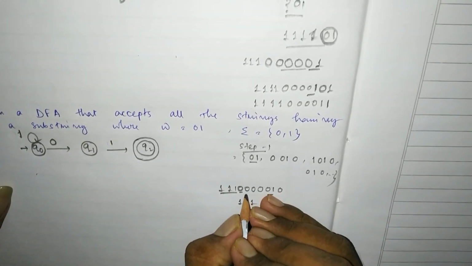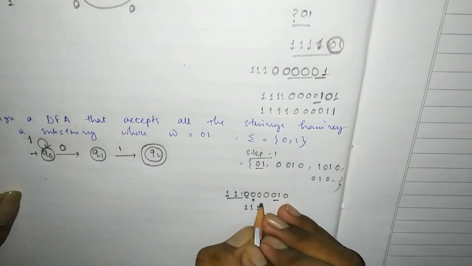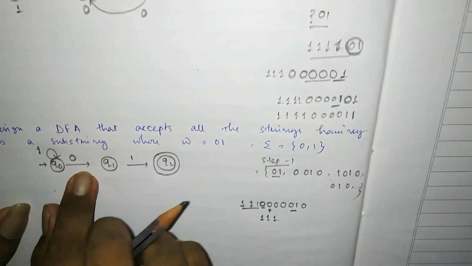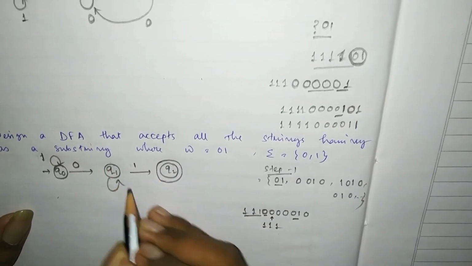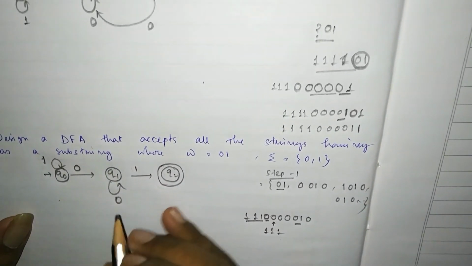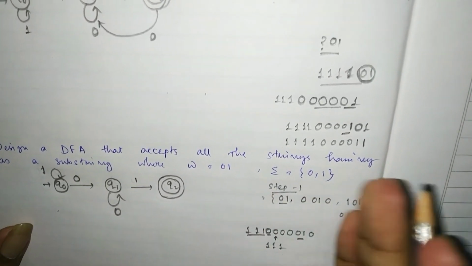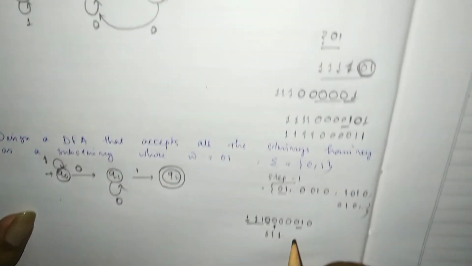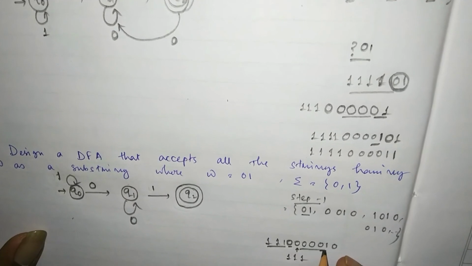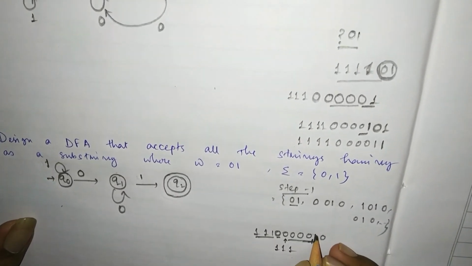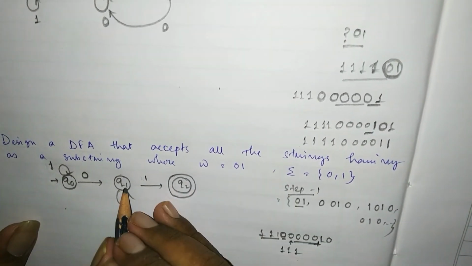Now in the string we are here, and in the machine we are here. After accepting the first 0, again we can have multiple zeros, so we can have a self loop over here. As long as we are not getting 1, we can't predict anything. After exhausting all these zeros, whenever we get 1, we make another transition from Q1 to Q2.